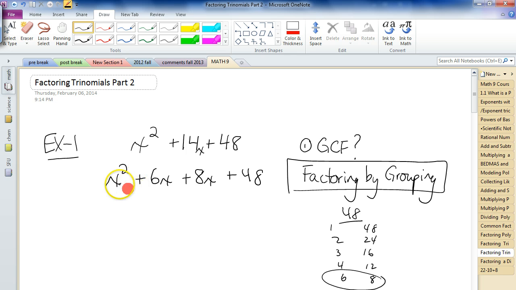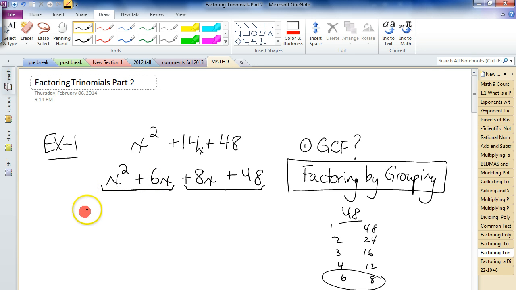But if I can take this pair and that pair and factor out each group separately, then I can get something going here. So if I can't do all four, I can do a group at a time. All right, what is the greatest common factor that I can pull out of x squared plus 6x?